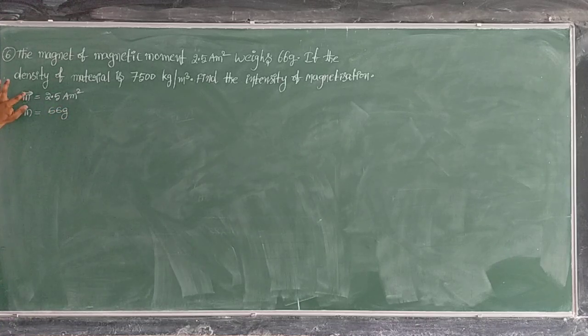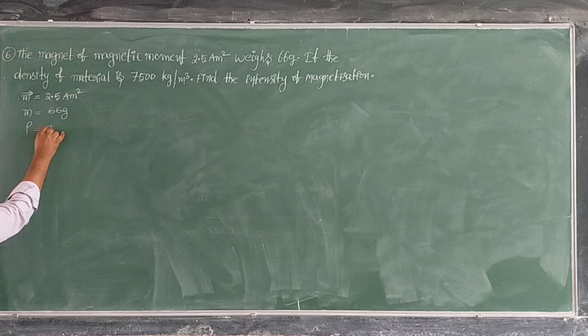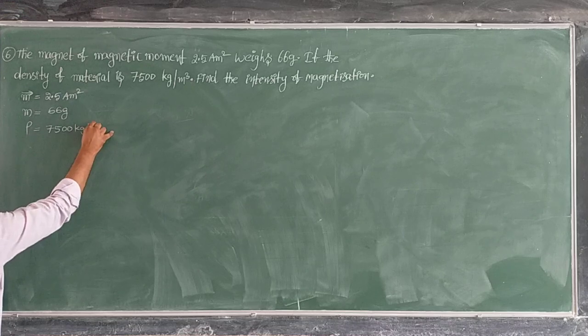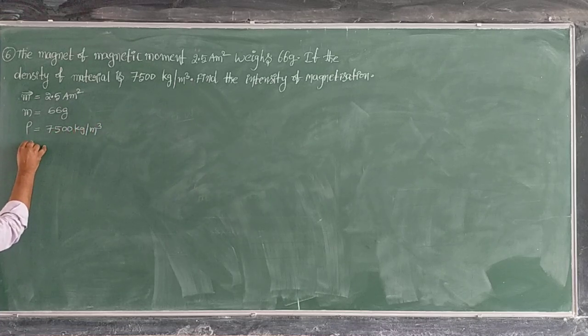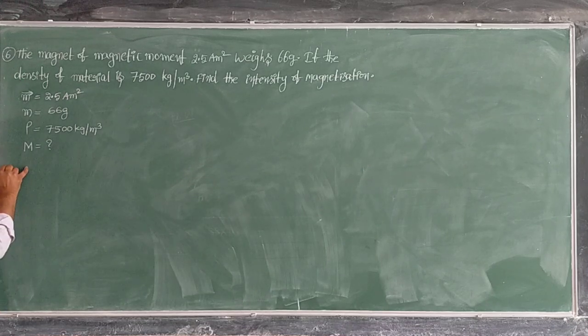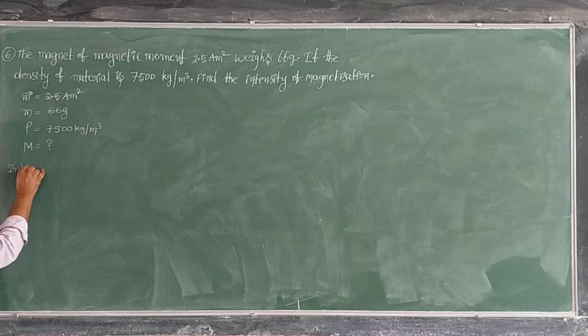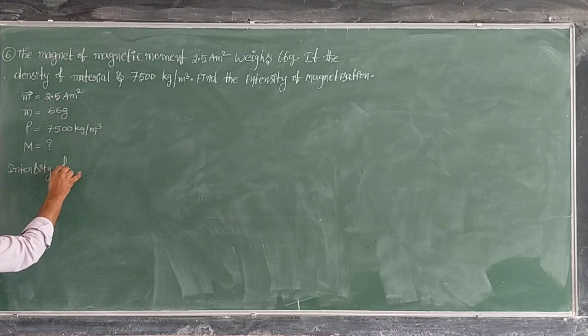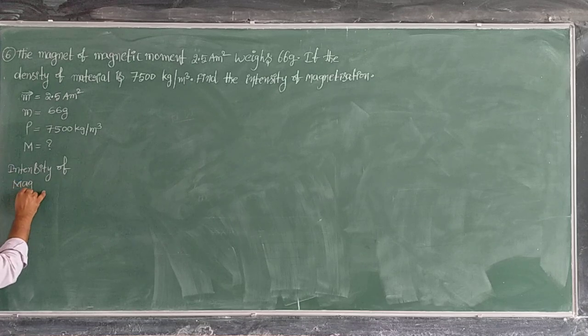See, small m bar is the magnetic dipole moment, and this is the mass. And the density rho is 7500 kg per meter cube. Next, the question is to find the intensity of magnetization. We have to find it. Right, look here, intensity of magnetization.